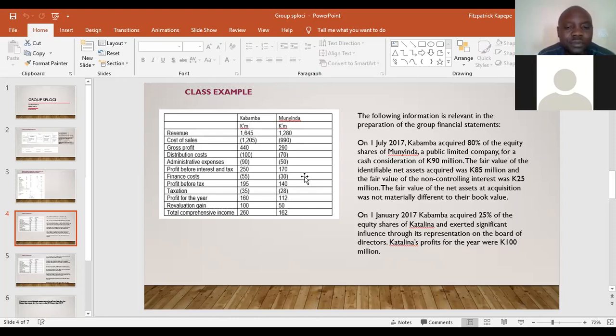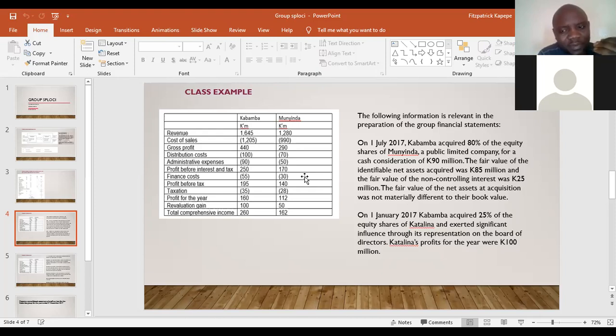35. How? Check. You have your cash consideration of 90, so it's 90 plus 25.